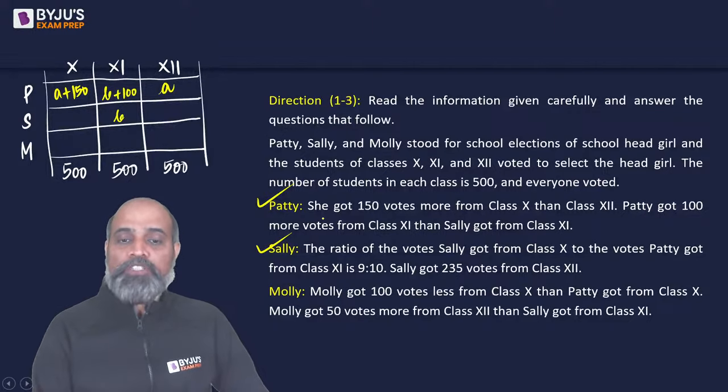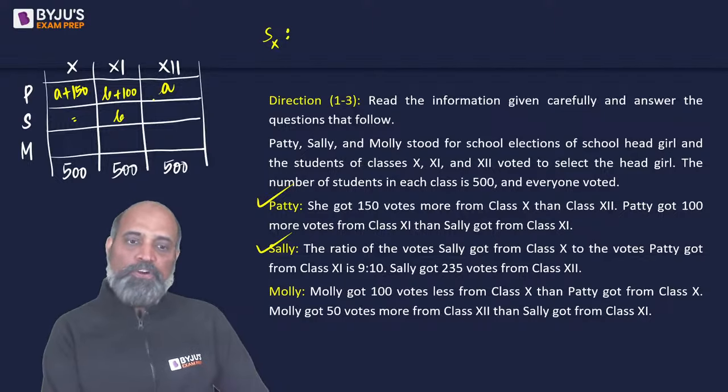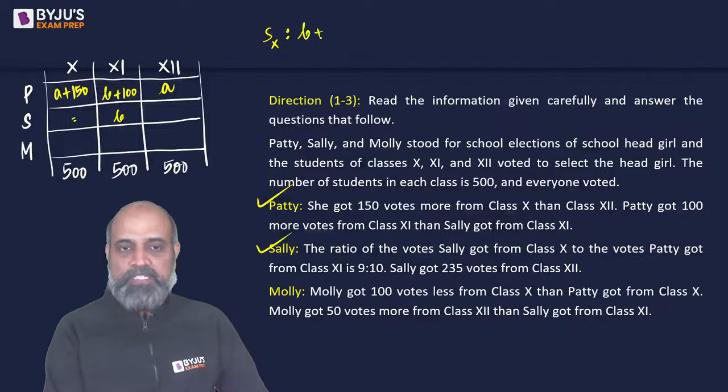The ratio of the votes Sally got from class 10th to the votes Patty got from class 11th is 9:10. So Sally's votes from 10th, to the votes Patty got from 11th, which is B plus 100, is given as 9:10.